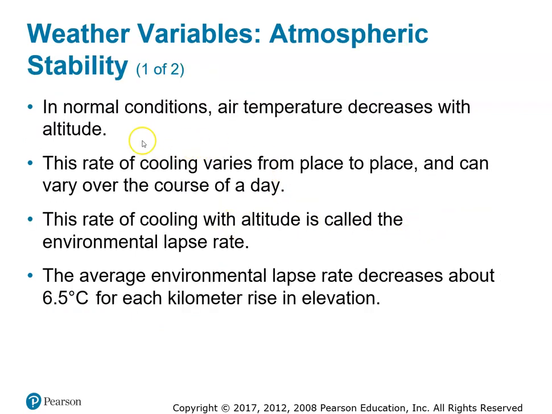Anyhow, under normal conditions, air temperature decreases with altitude, right? I mean, that's a pretty standard thing. This rate of cooling varies from place to place and can vary even over the course of a day. So it gets an entirely new term, because different things are going on.